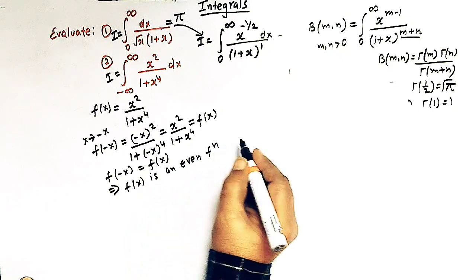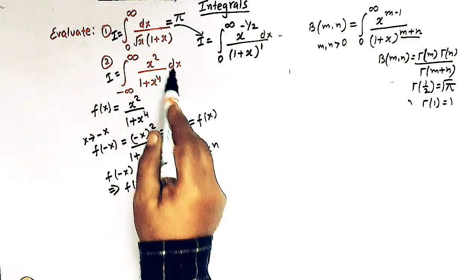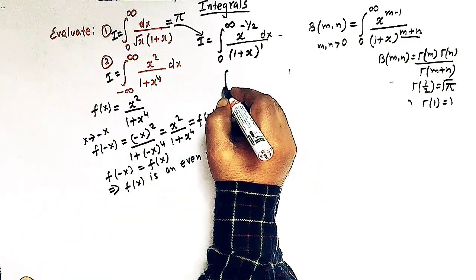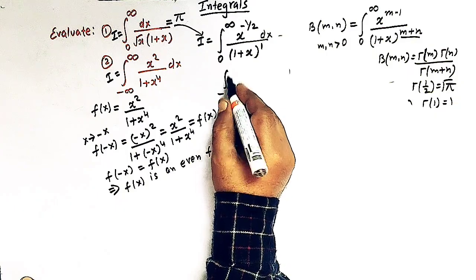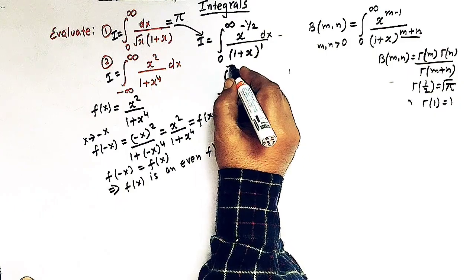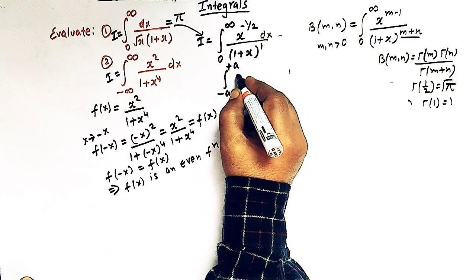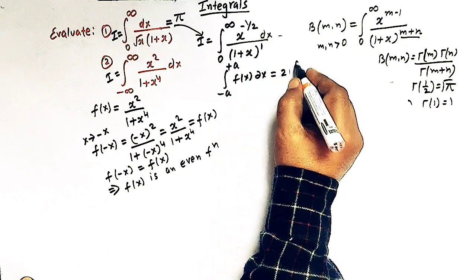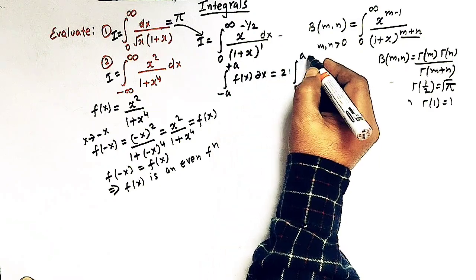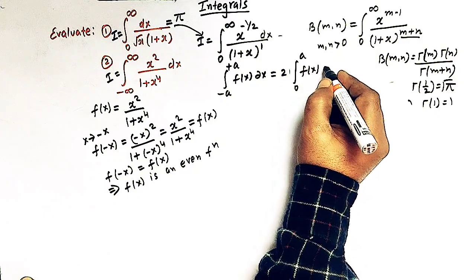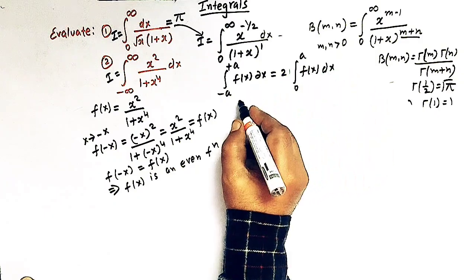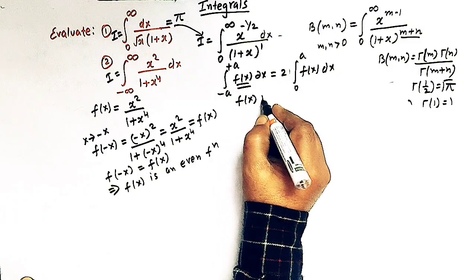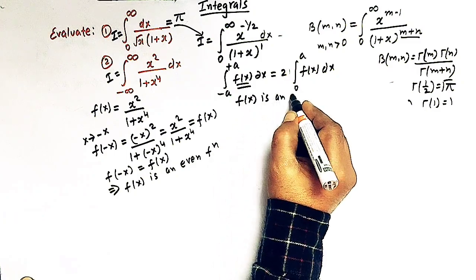And here we can now make use of an important property of definite integrals, which says that the integral from minus a to positive a f of x dx is equal to 2 times the integral from 0 to a f of x dx, provided this integrand, that is f of x, is an even function.